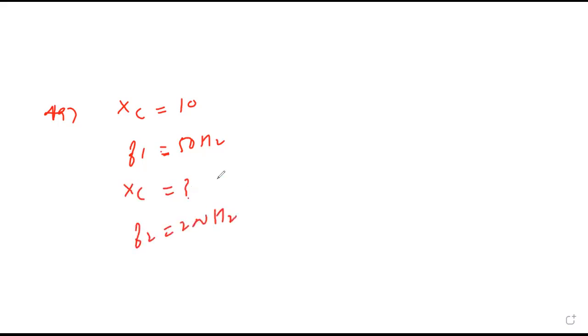49. The reactance of a capacitor at 50 Hertz frequency is 10. What will be its reactance at 200 Hertz frequency? Xc is 1 upon 2 pi f c. Xc1 upon Xc2 is f2 upon f1.